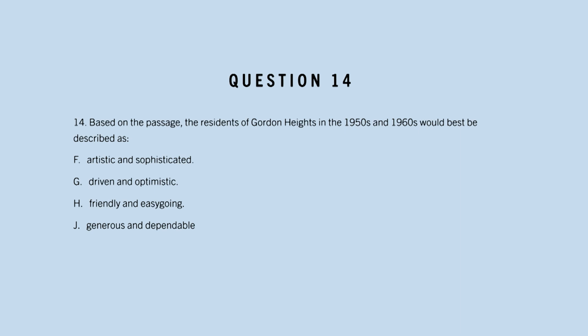Question number 14. Based on the passage, the residents of Gordon Heights in the 1950s and 60s would best be described as. This is in the very first couple of lines in the passage. F, artistic and sophisticated. G, driven and optimistic. H, friendly and easygoing. J, generous and dependable.